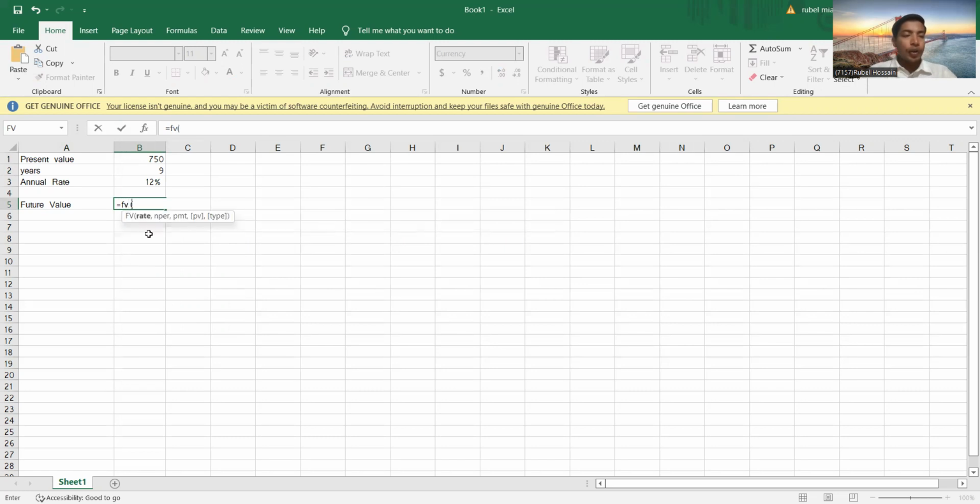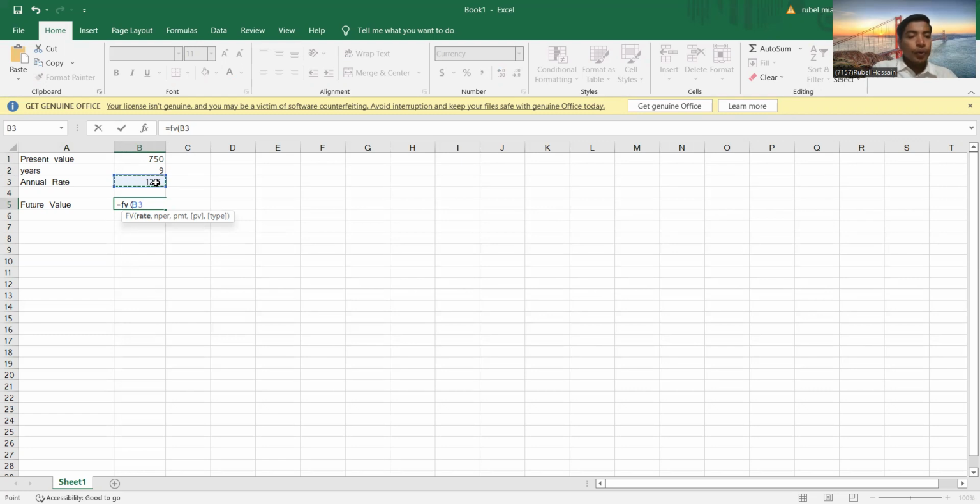Okay, so give the first bracket, then here you can see the formula, but it's okay, it will be very easy to understand. Just look at the formula, you can easily understand. They are saying to give the rate at first. Okay, so you can click on rate, or you can write B3. To save our time, we can click on it. I have clicked on it, that is B3.